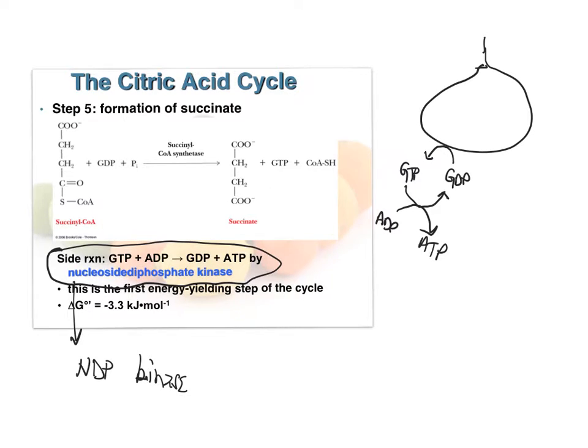Because all it does is it transfers a phosphate between two different types of nucleotides. Almost always, I can't think of any exceptions off the top of my head. ATP is usually one of them. Either ATP is donating it to make the UTP in the earlier example, or here the GTP is donating its phosphate to make ATP. Okay, so this is the succinyl-CoA synthetase enzyme.